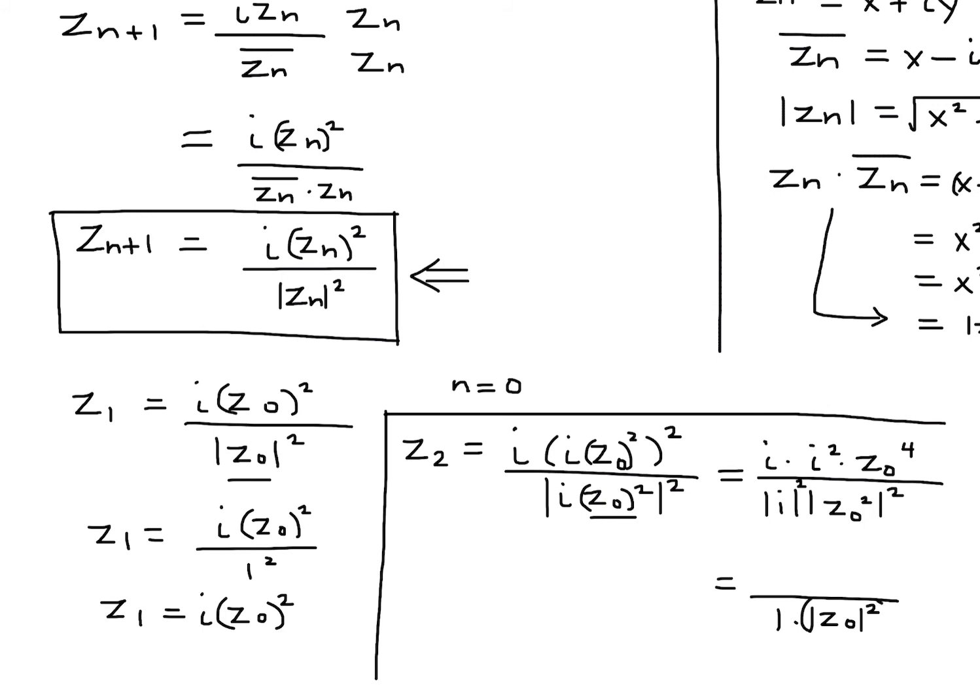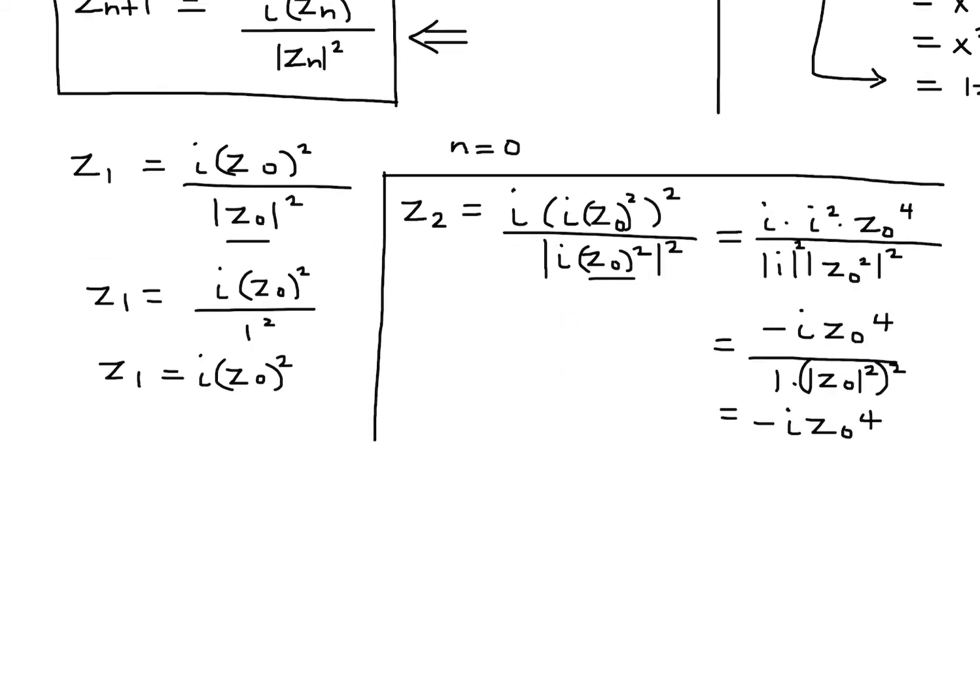That's part of the properties. And then z0 we know is 1. The question tells you that. So 1 squared is 1, and then that squared again is 1. So the denominator just becomes 1. So all you're left with in this question is the numerator, and then i squared is negative 1. So this just becomes negative i z0 to the 4th.